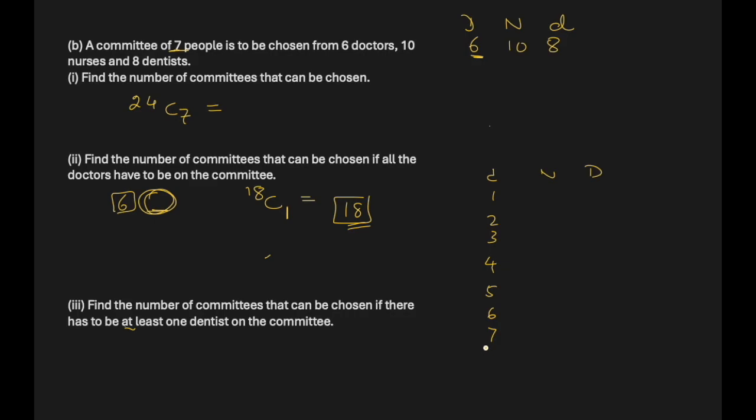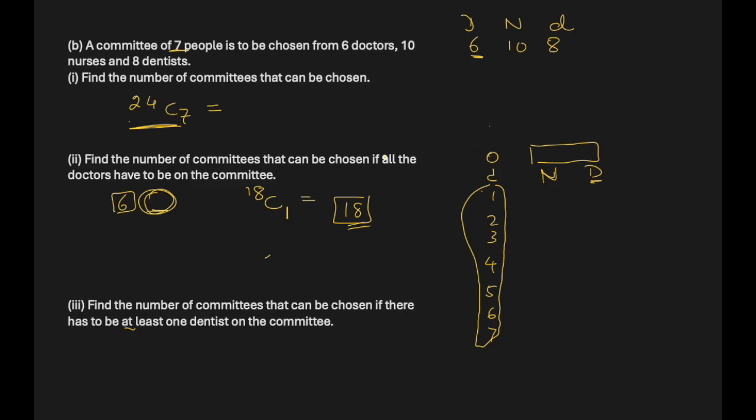Don't you think it is too much calculation? Let's look at the case that there is no dentist. And all 7 members are either nurses or doctors. And subtract that from this big number we'll get here. That will give us all of these situations because out of this list 0 is the only one missing.